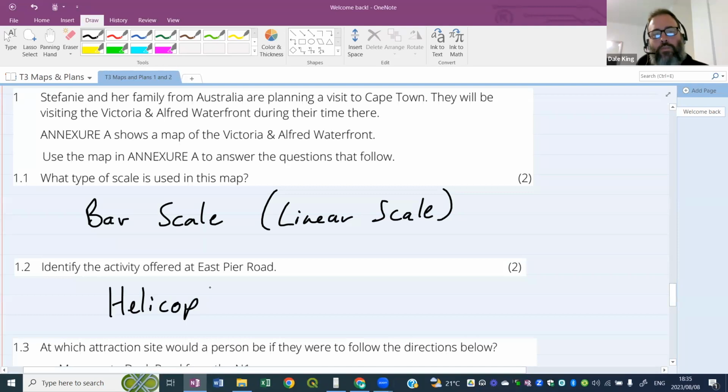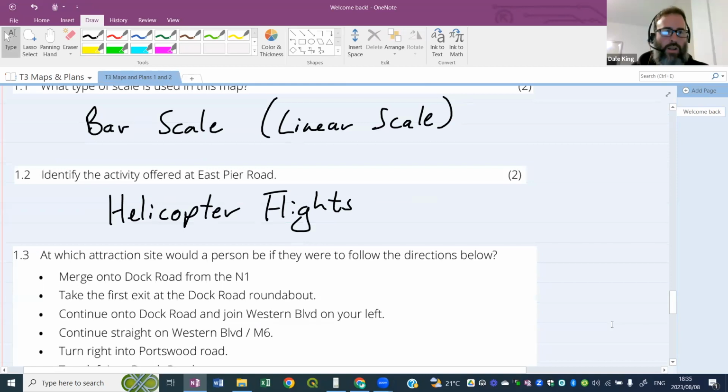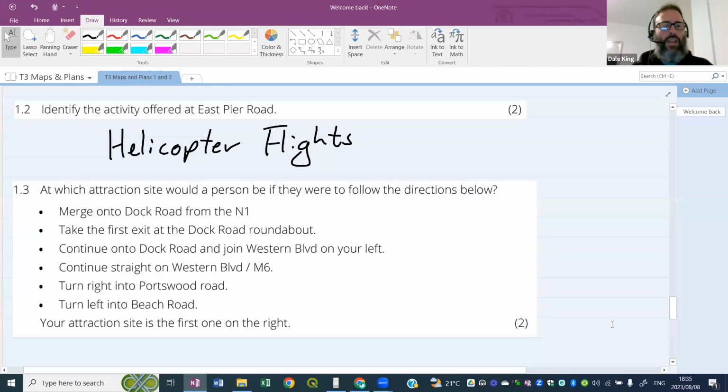Helicopter flight. And I know what you're thinking. This is way too easy. Hold on, guys. You know me. The good stuff is coming. All right, next question, 1.3. At which attraction site would a person be if they were to follow the directions below? Now, it's important that I discuss this.